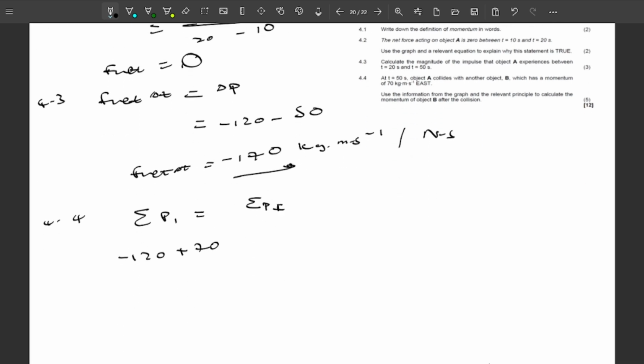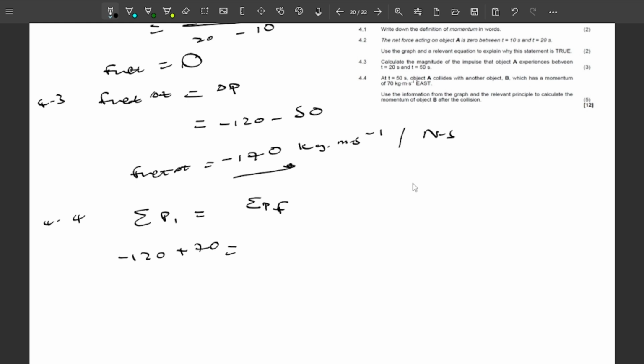Yeah, if you draw your vectors, you know it's moving in this direction, the object B. But object A, since it's negative, it's moving in the other direction. So our answer will be this part here. This means it's still going to be moving in the other direction, which is west, by the way. Alright. So negative 120 plus 70 is equal to what?